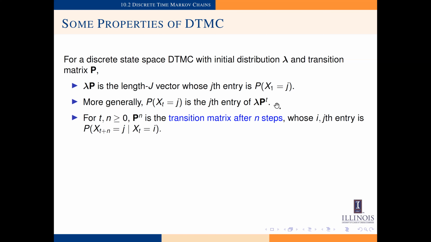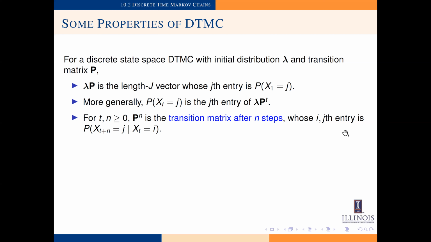In addition, for t and n, which are greater than 0 and integers, P raised to the nth power, so the transition matrix raised to the nth power, is also going to be a transition matrix, and that is the transition matrix after n steps.